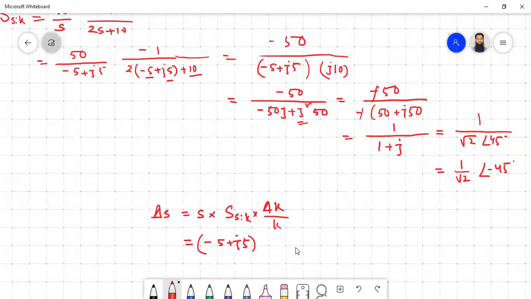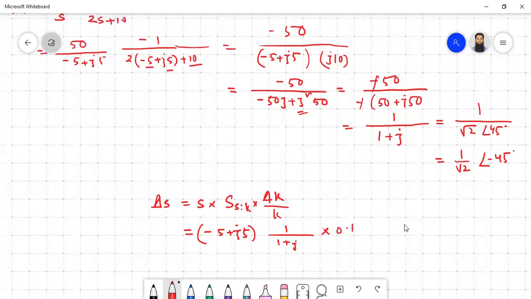Then your sensitivity, whatever formula you want to use, you can use, into 0.1. Okay, so 10% change.